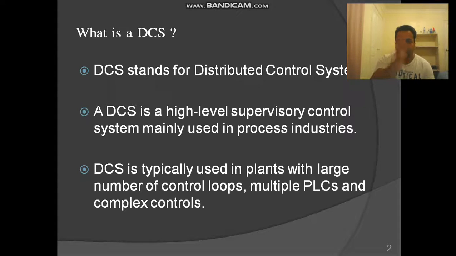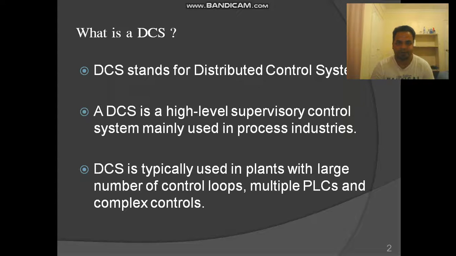They control the field devices, and they supervise and monitor them. It is typically used in plants with a large number of control loops, because they work with multiple PLCs and in complex control systems. It's not installed in a small industry or small plant because it's really costly.